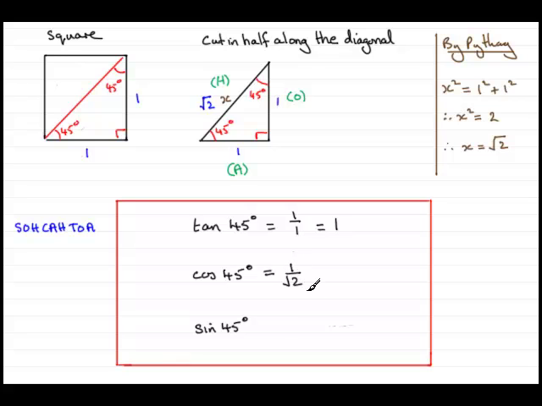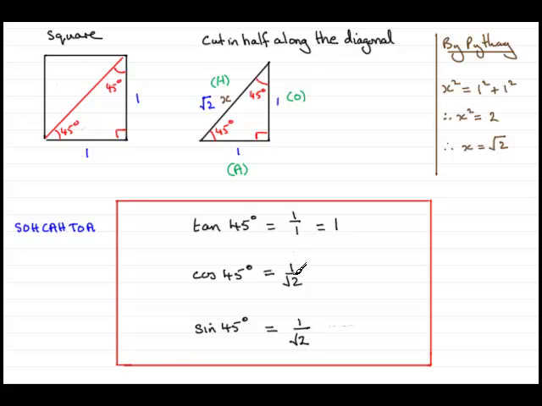And when it comes to sine of 45 degrees, sine compares opposite with hypotenuse. So the opposite side would be 1, hypotenuse root 2, and you get the same answer as you had for the cosine of 45 degrees. So we have 1 over root 2 for both these results.